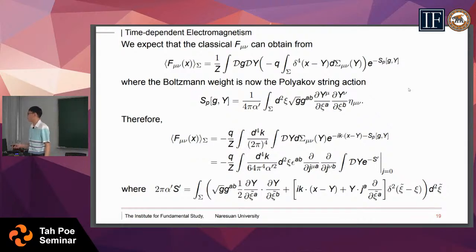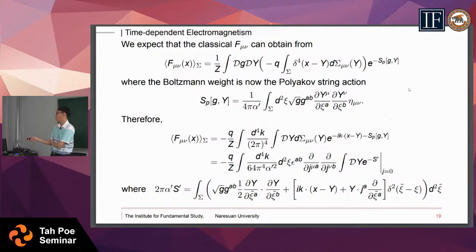And here we have the area element of the worldsheet. We can get rid of this by introducing another source term J. By introducing the source term, we can re-obtain this area element by taking the derivative with respect to the source term.